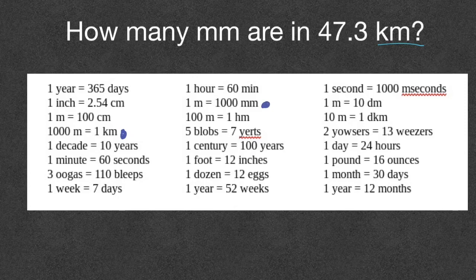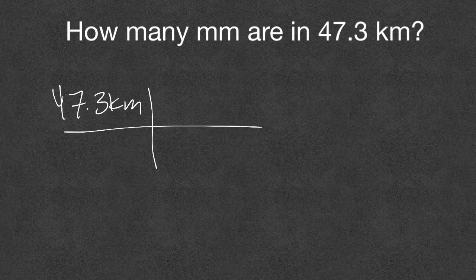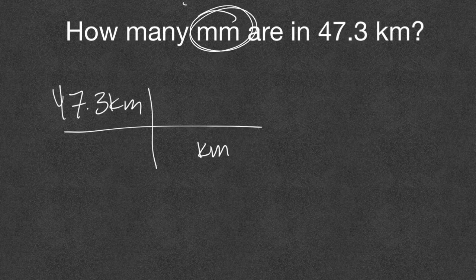So let's go back to our problem. So we have 47.3 kilometers. I set my cross up, bring kilometers down. Now we're going to add conversion factors until we get the unit we want on top. We need millimeters on top. So we're going to keep adding conversion factors until millimeters is on top. Now that first conversion factor stated that 1 kilometer equals 1,000 meters.